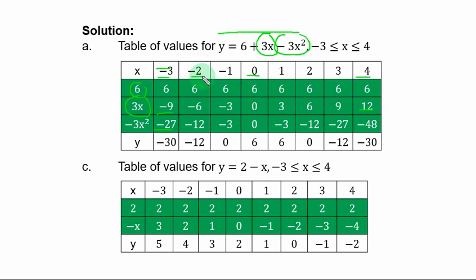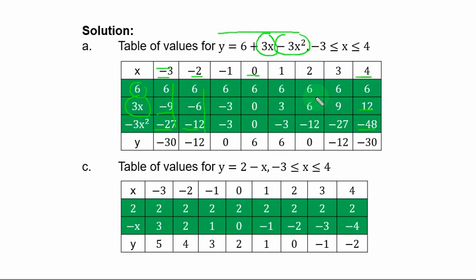Minus 2 squared is 4 times minus 3, you have minus 12. Now 4 squared is 16 times minus 3, you have minus 48. If you add down, you have minus 30, here is minus 12, and so on.